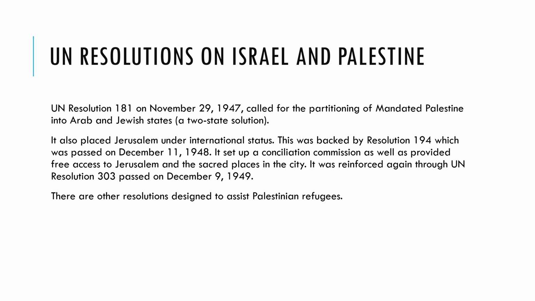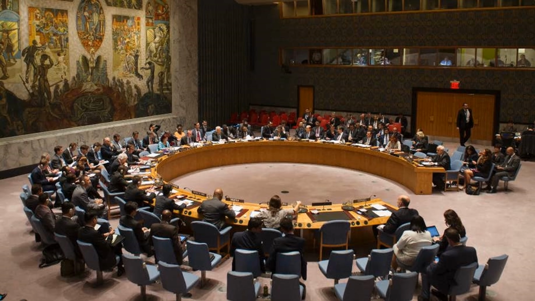It was reinforced again through UN Resolution 303, passed on December 9, 1949. There are other resolutions designed to assist Palestinian refugees. This is a Security Council meeting at the United Nations.